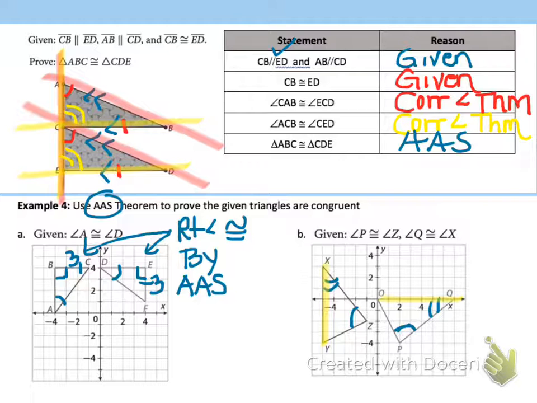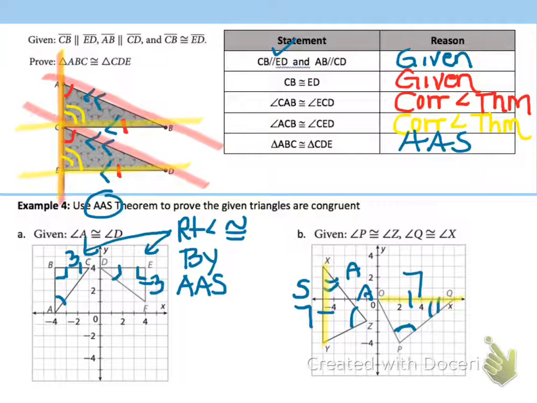I can see that OQ is 1, 2, 3, 4, 5, 6, 7, and XY is 1, 2, 3, 4, 5, 6, 7. So we now know those sides are congruent, and we've proven by angle side angle that they're congruent.